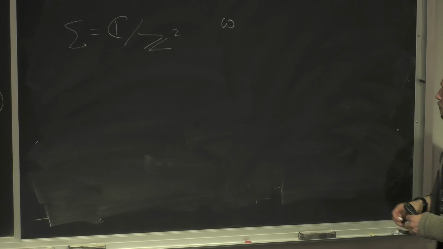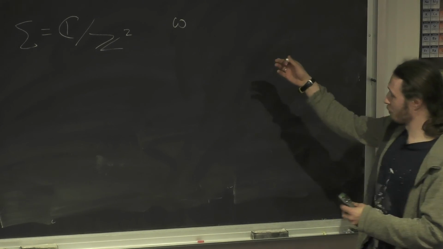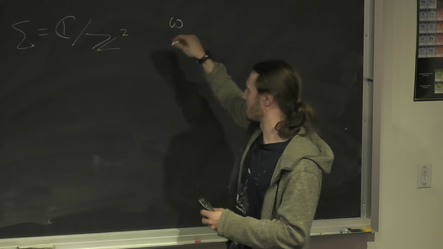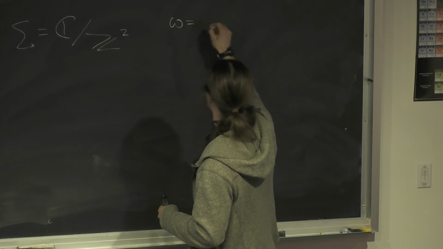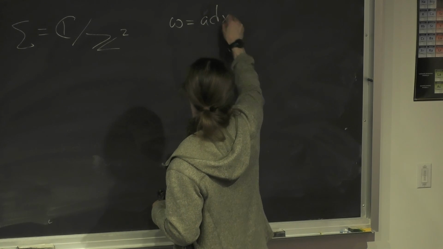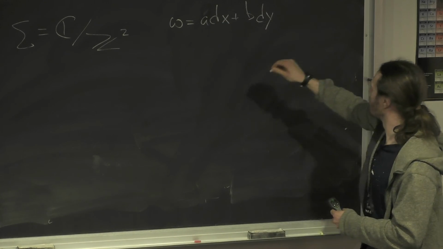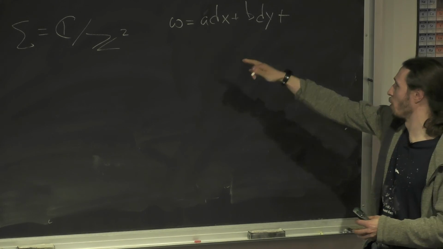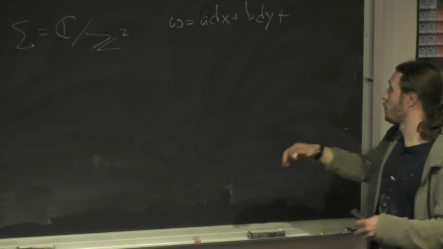What we can do is find a linear one form that has the same periods as this one form along the two basic cycles. So we determine this linear one form, and then if you subtract it from this closed one form omega, the difference will have 0 periods.